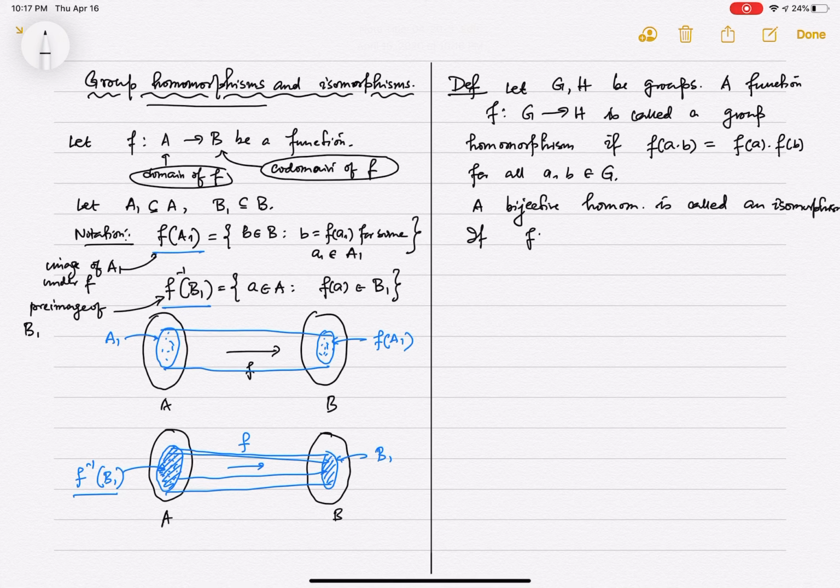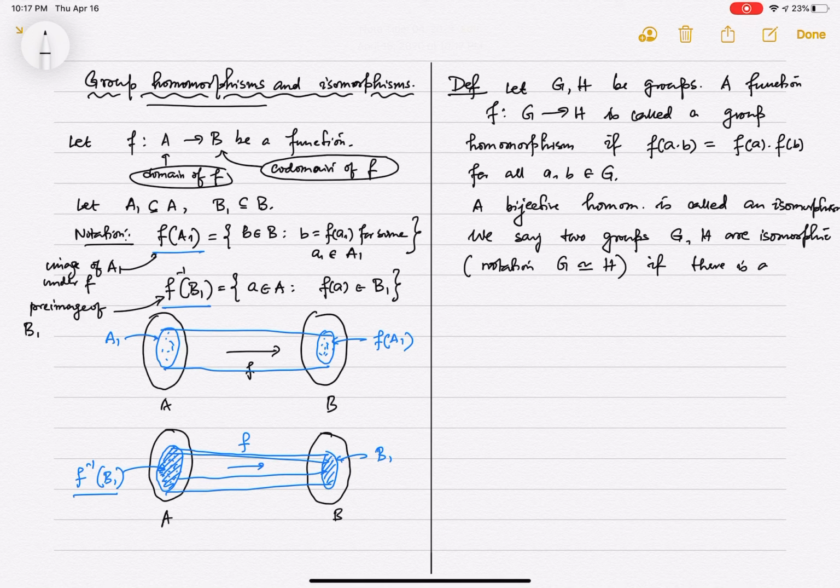We say that two groups G and H are isomorphic, in notation G isomorphic to H, if there is an isomorphism f from G to H. Remember, bijection means one-to-one and onto.